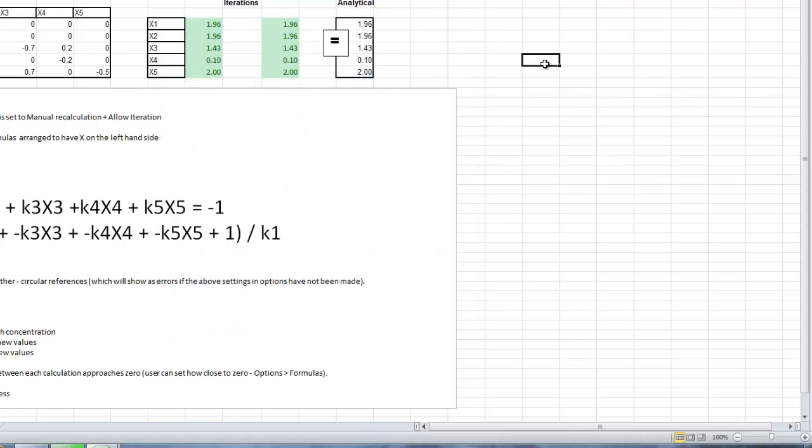I've formatted 2 decimal places, and then they're exactly the same. It's good to see a few more decimal places when the recalculation is going on, so you can see them changing. So that's the process of iteration, which is basically you start with an initial guess, and then you use the results using the initial guess and plug them back into the formulas and keep on repeating. And that's actually a process that's generally used in computer solutions when you're dealing with large numbers of equations.